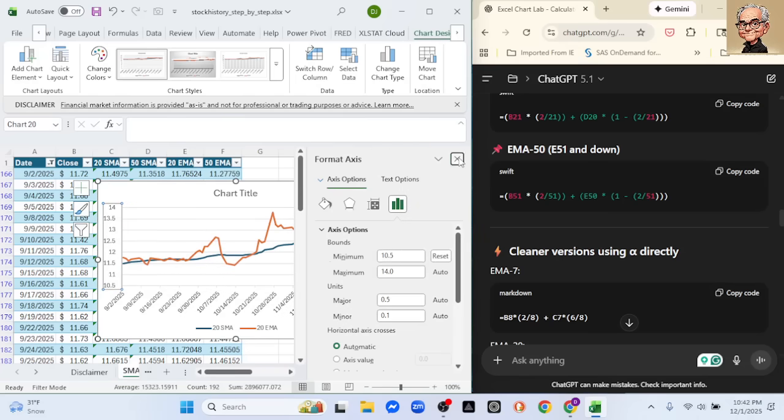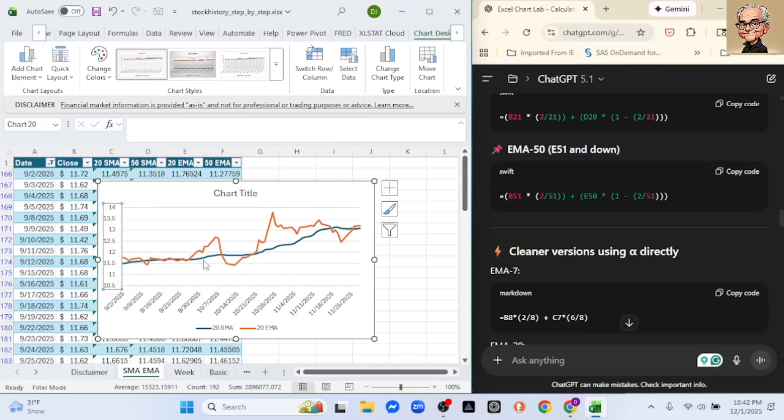Okay. Now look at the difference between the 21-day SMA, the blue line, and the 21-day EMA. That's a huge amount of difference, isn't it? Huh. Interesting.